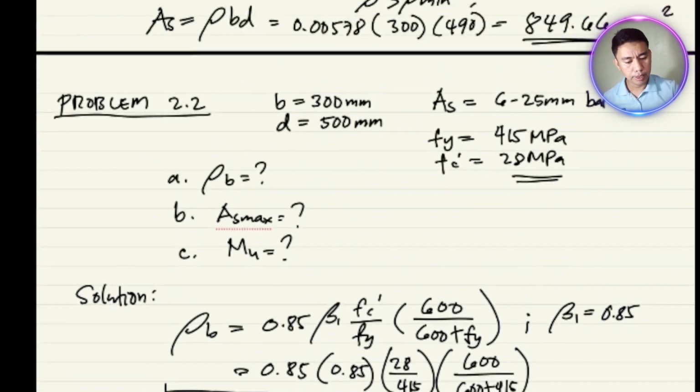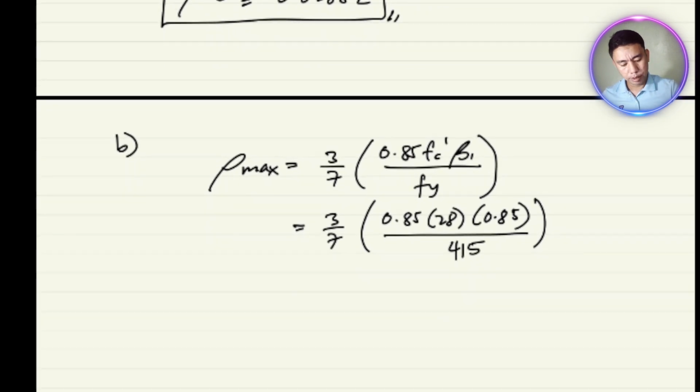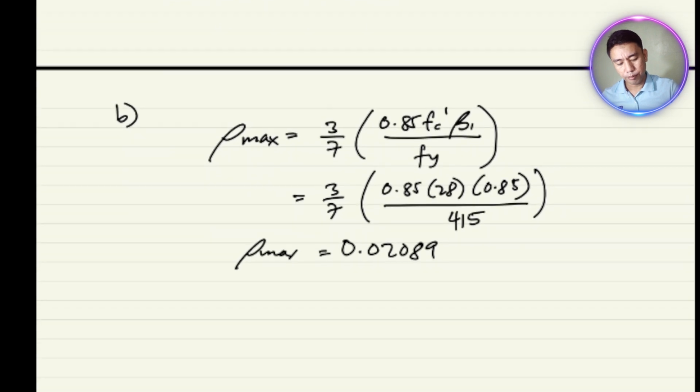Okay, we have rho max, this is very simple, is equal to 0.02089. So AS max is equal to rho max BD.